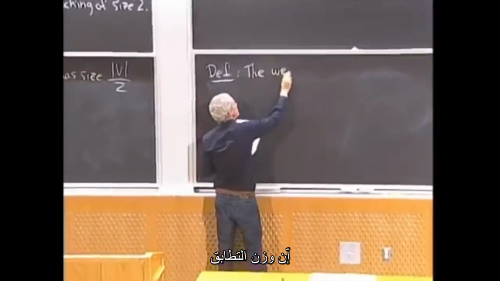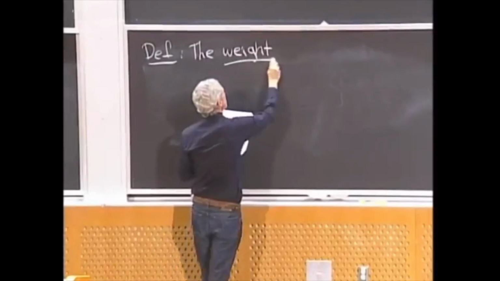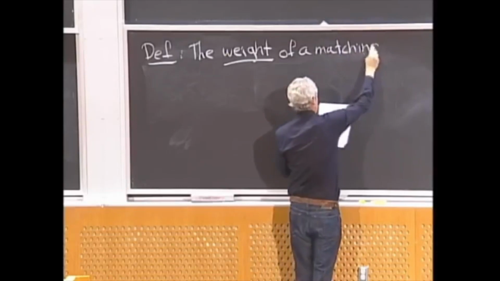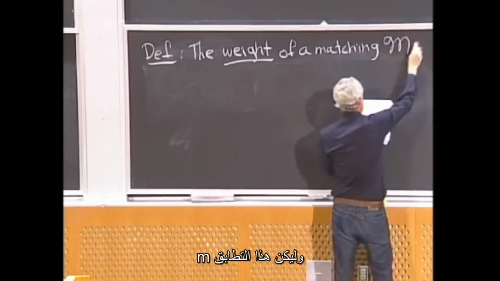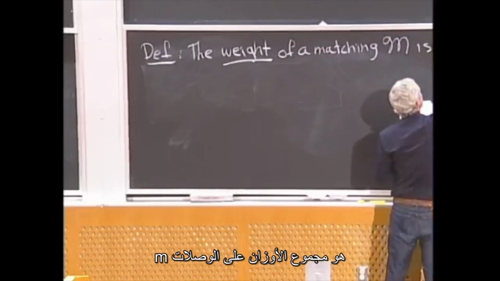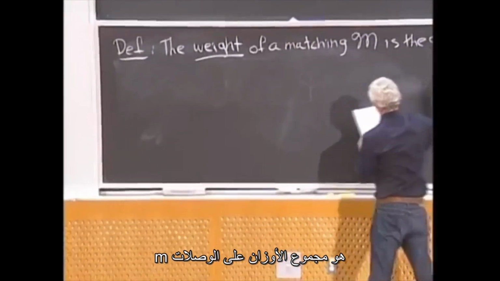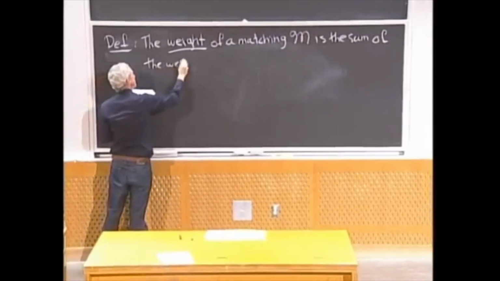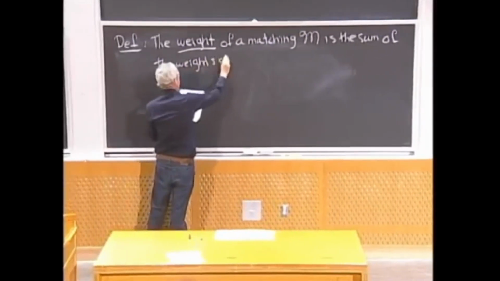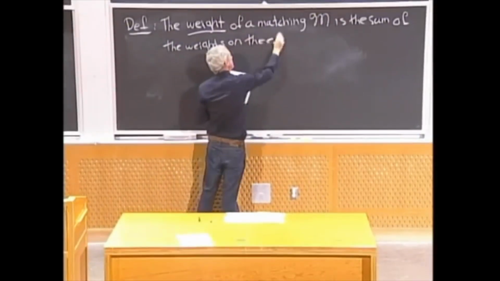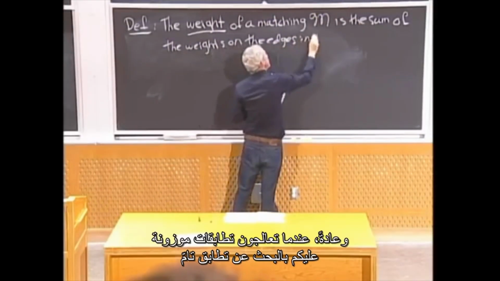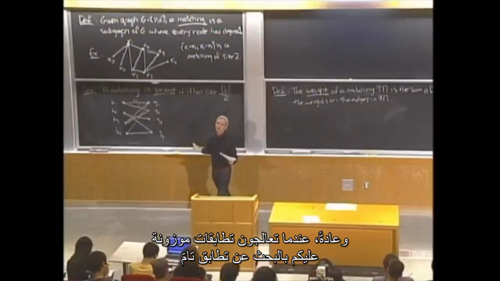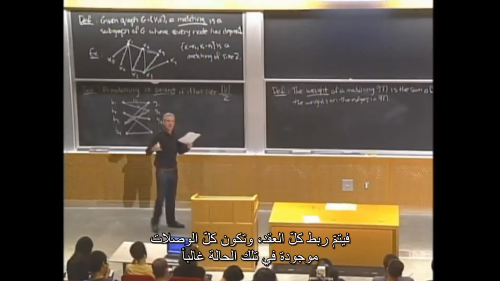Now, the weight of a matching, call it M, is the sum of the weights on the edges of M. Now, usually when you're looking at weighted matchings, you require yourself to have a perfect matching so that everybody gets paired up.